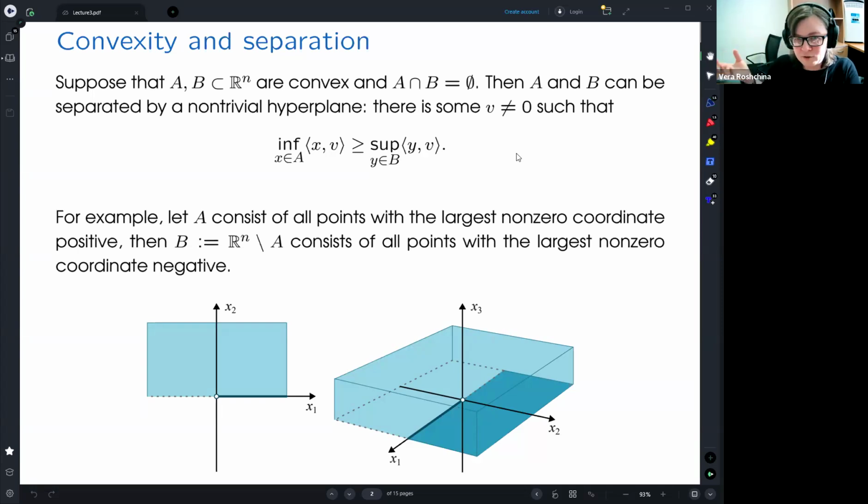If we have two disjoint convex sets in a finite dimensional space, then we can always separate them by a non-trivial hyperplane. There is some linear function that we can represent as an inner product, or x transpose v. We can choose the standard inner product on R^n.